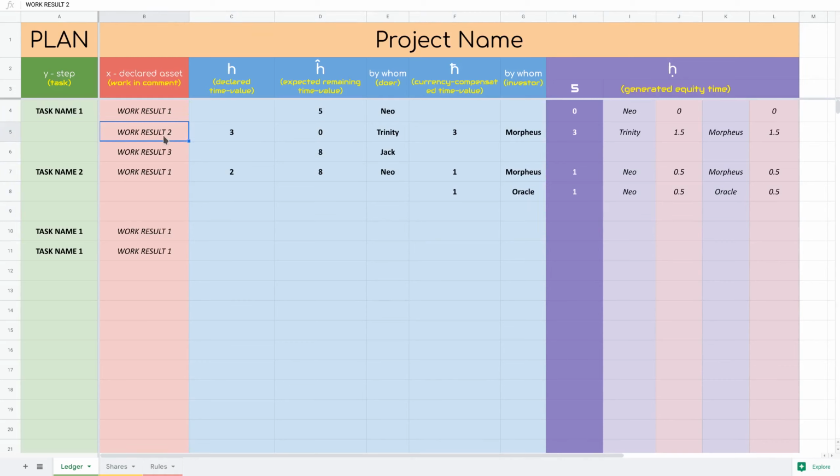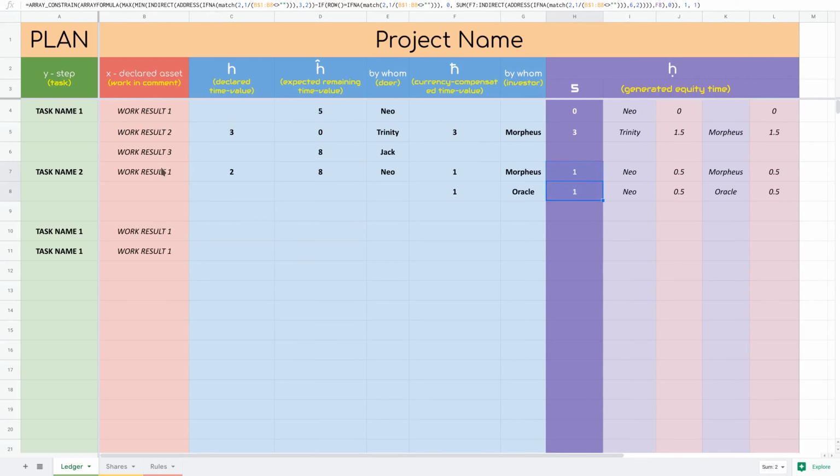Maybe this is an engine, maybe this is a windshield, maybe this is something else. If this is some kind of more important part for the project, then maybe the intrinsic value of the thing will be different, and this share's intrinsic value of course will be different.